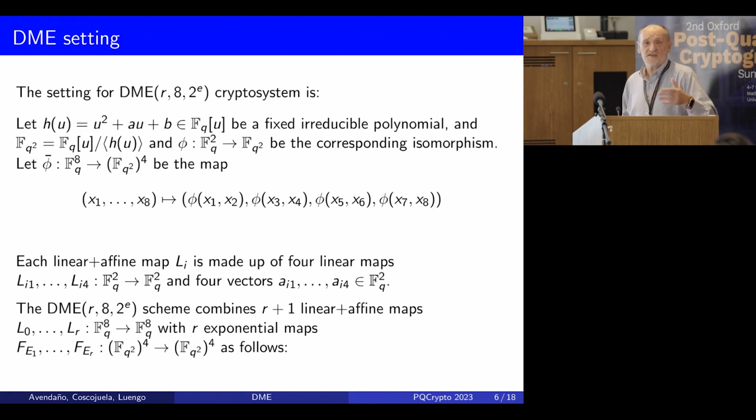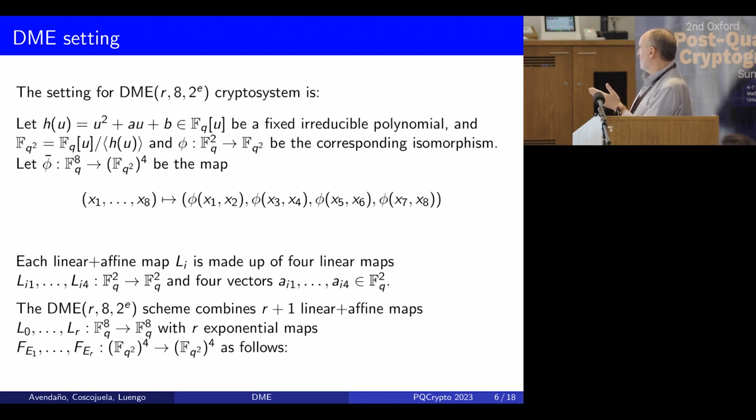As this is a new system, I will try to explain it a little. The different rounds use an isomorphism phi between Fq squared and the field of q squared elements, which we use all the time. And then we have a combination of linear maps.